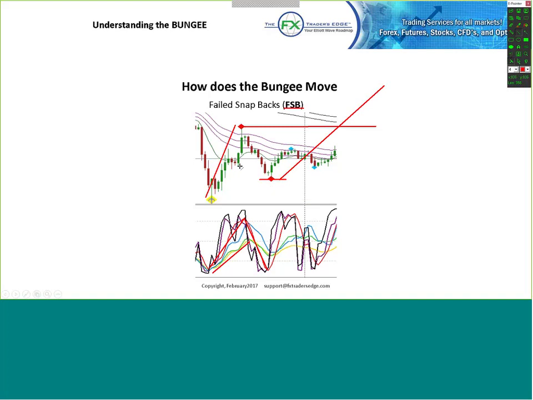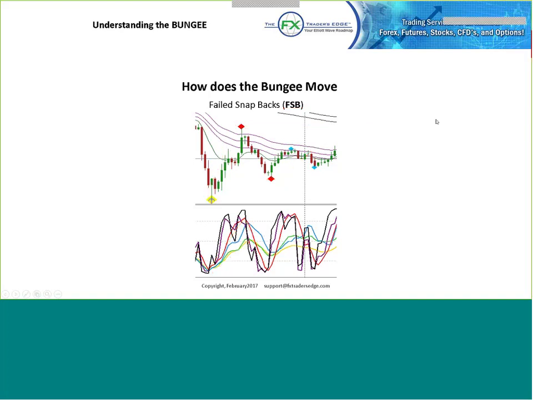So you should now be beginning to see the difference at this point up to that box. Yeah, don't look any further right than that box. When the bungees turn back down again, that picture is looking more likely you're going to get a retrace and a continuation higher than a new extreme.